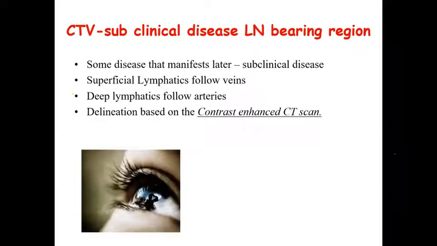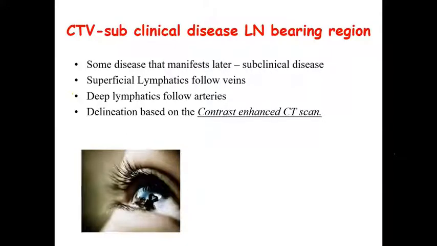So apart from microscopic disease, we come to the concept of subclinical disease in the lymph node bearing region. What is that? The disease that might manifest later, but as of now, there is no documentation of tumor cells within the tissue, but at a later date, there is a predilection that the disease might come up, and that is subclinical disease.